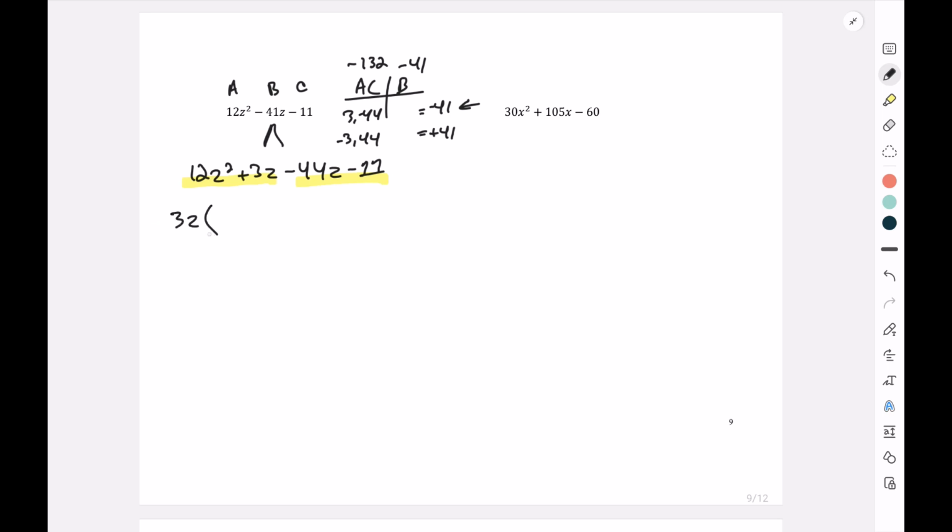Pulling out a 3z, we're left with a 4z plus 1. Since we want this 4z plus 1 to come back, we pull out a negative 11, and we do have a negative 11 in common. So our answer would be 3z minus 11 in parentheses, 4z plus 1.